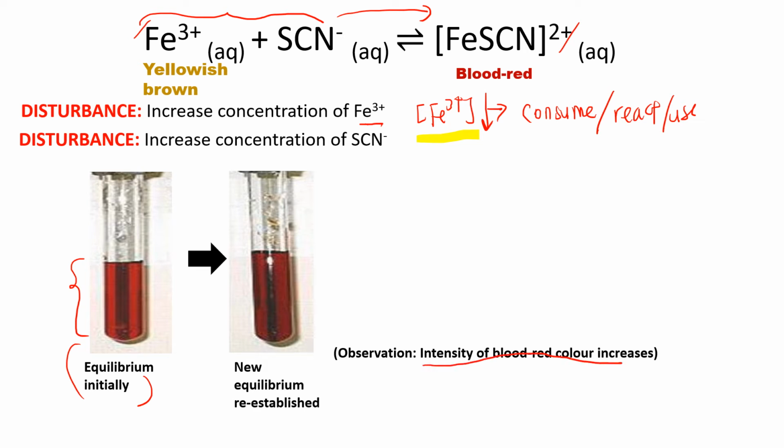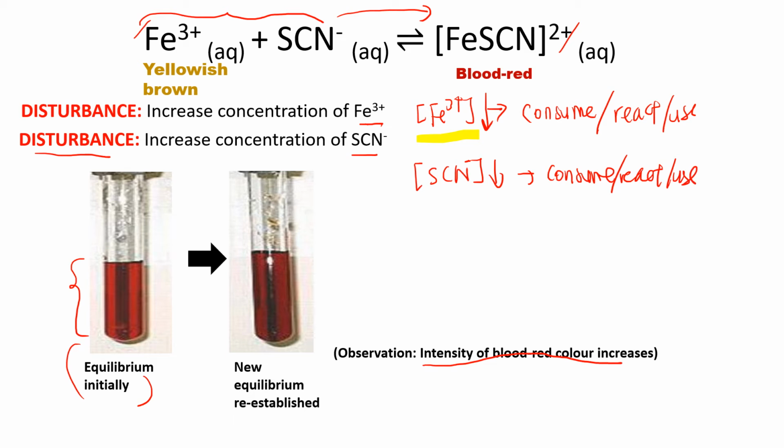Now, how about the next case of disturbance? Increase the concentration of SCN-. So once you increase the concentration of SCN-, you must reduce the disturbance by decreasing the concentration of SCN-. So how do you decrease it? You must consume it also. You must consume, react, or use.